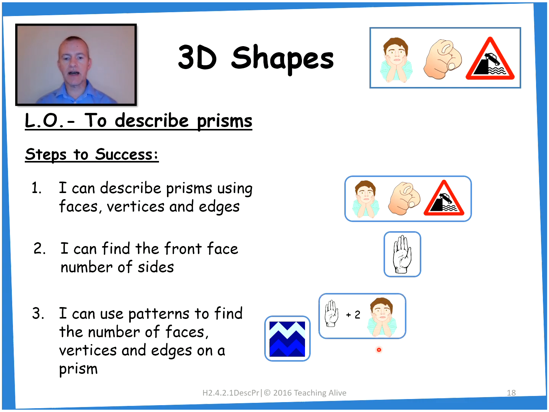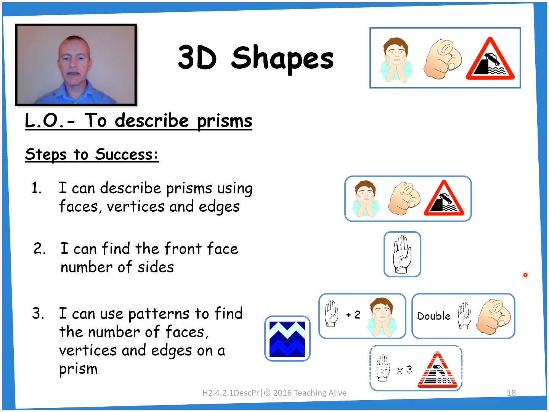So to find our faces, we look at our front face shape sides and add 2. And for vertices, we double our front face shape sides. And for edges, we multiply by 3 our front face shape sides.